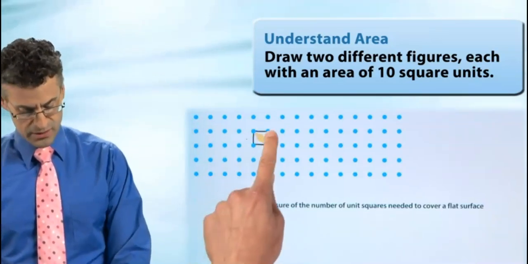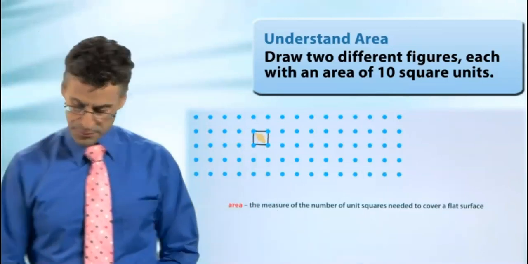There's 1 square that I outlined, and therefore the area is 1 square unit.